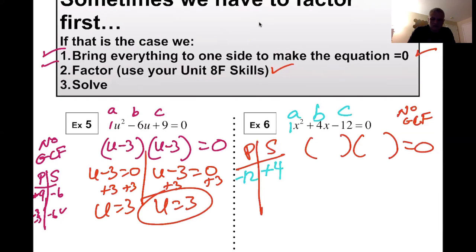You could do 3 times 4, and you can't add or subtract to a positive 4. But 2 times 6. Negative 2 times positive 6 gives me negative 12. Negative 2 plus positive 6 gives me positive 4. So that's a good one. So we're going to go x minus 2, x plus 6.